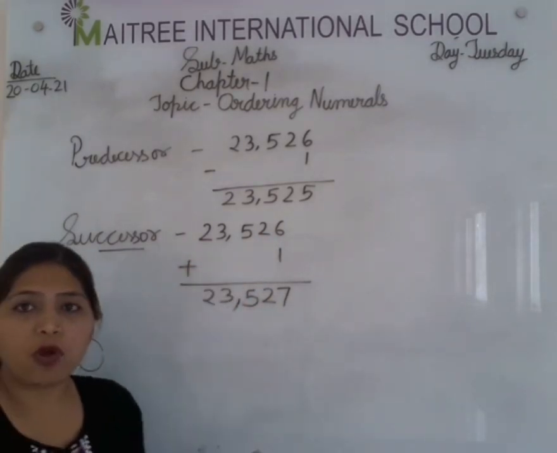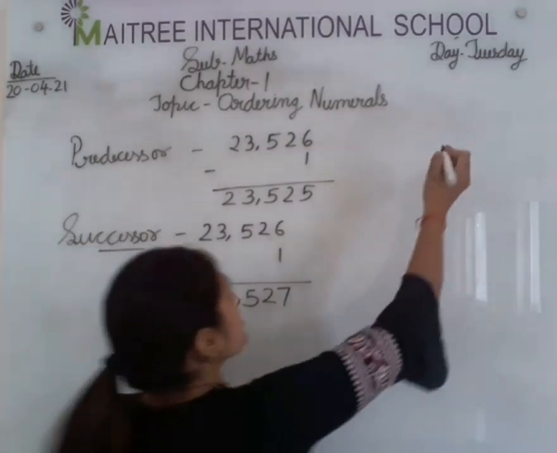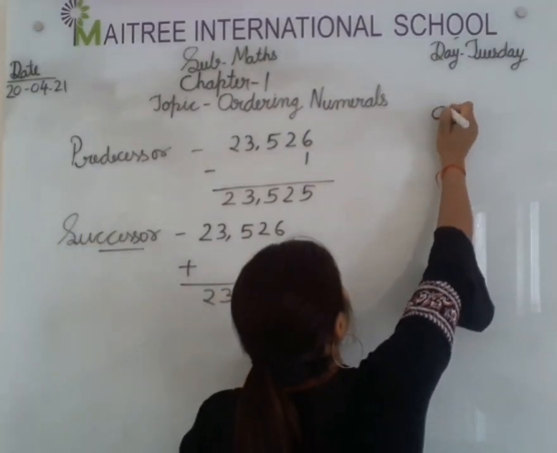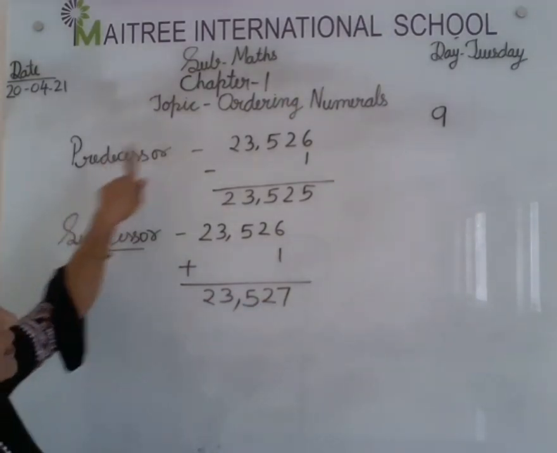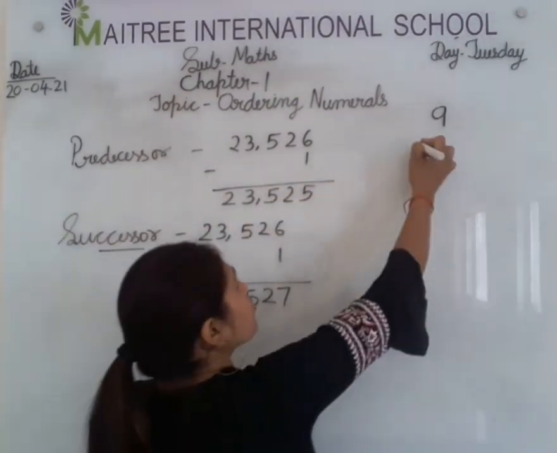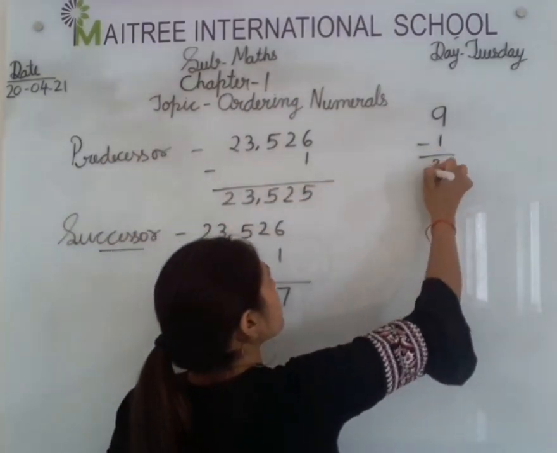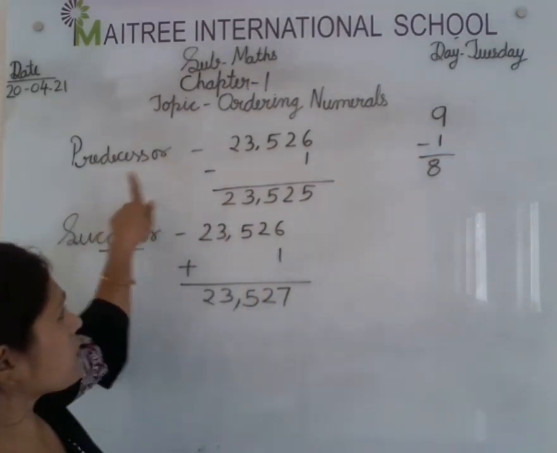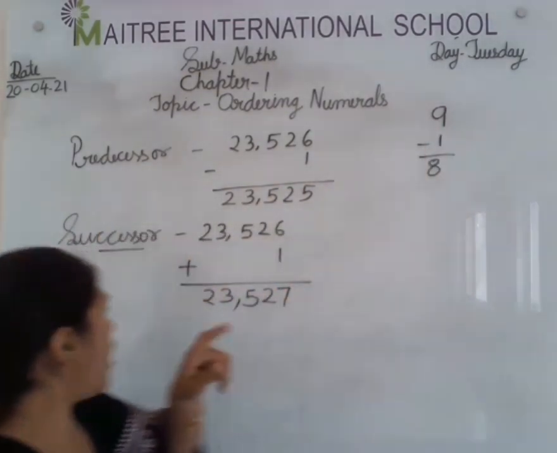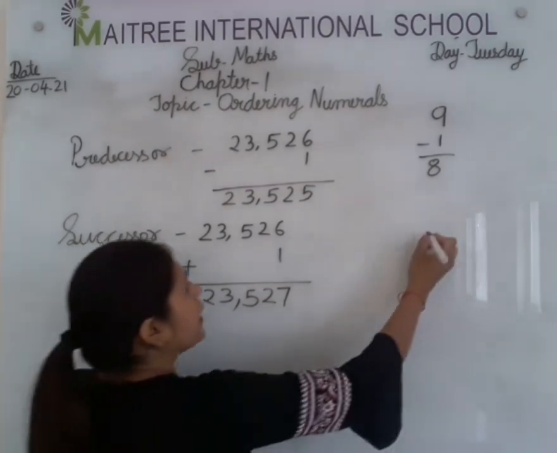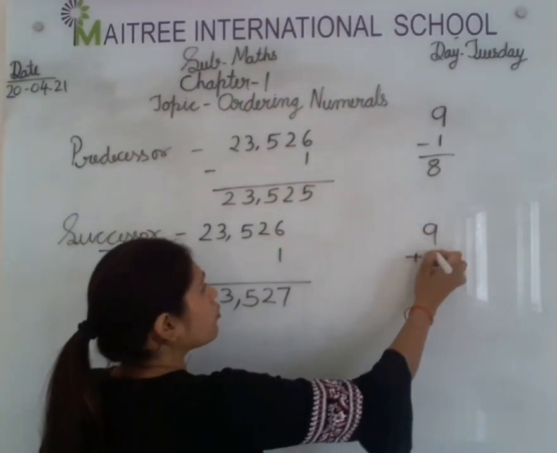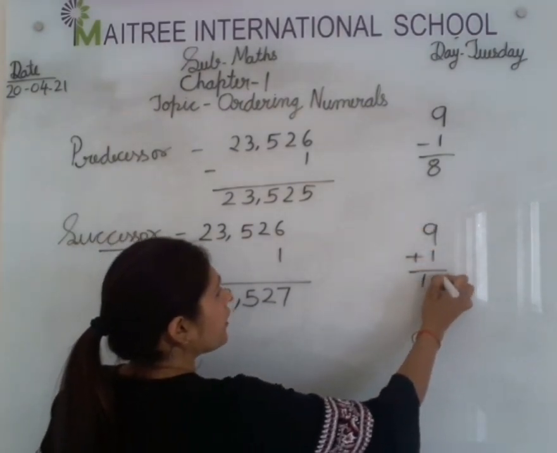23,526. If I am talking about a small digit, let's take any small digit, 9. What is the predecessor of 9? We have to subtract 1, so 8. 8 is the predecessor of 9. And what is the successor of 9? We have to add 1, so 10.